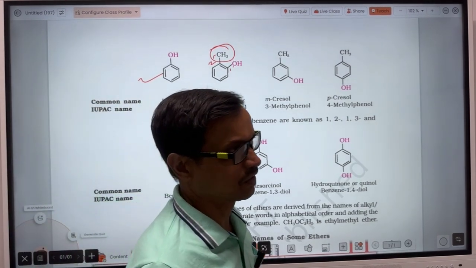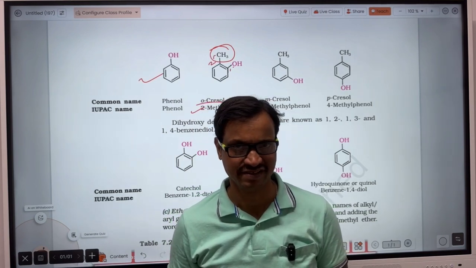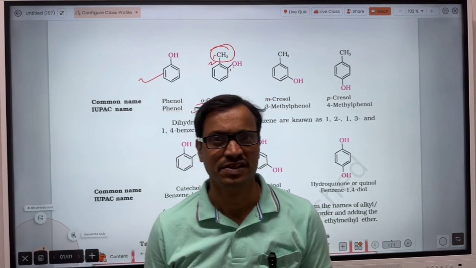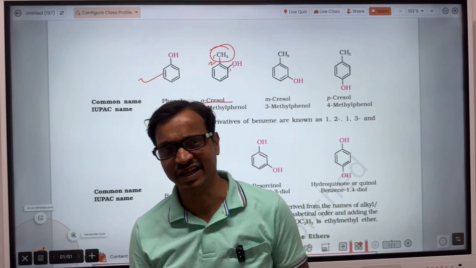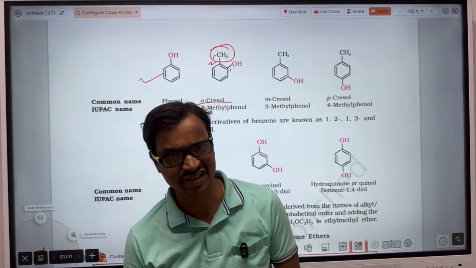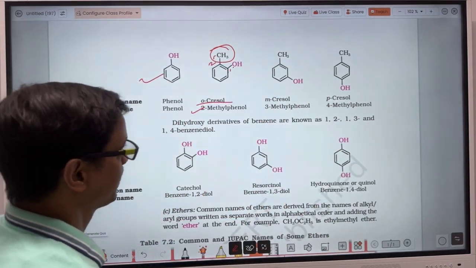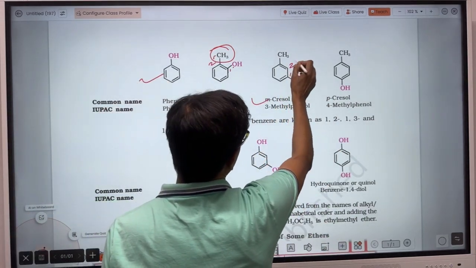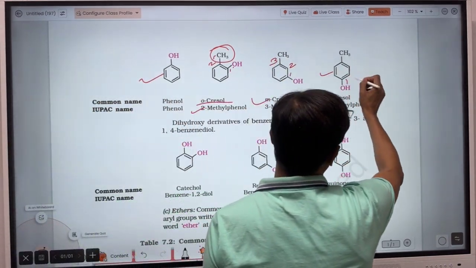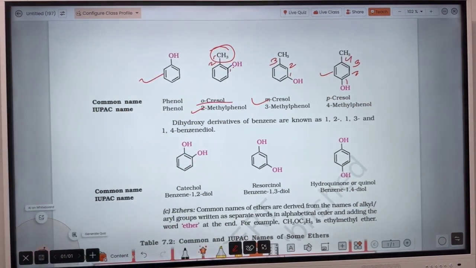Since the methyl group and the hydroxyl group are at ortho position with respect to each other, it's called orthocresol. Same here, metacresol and 3-methylphenol. Paracresol and 4-methylphenol.